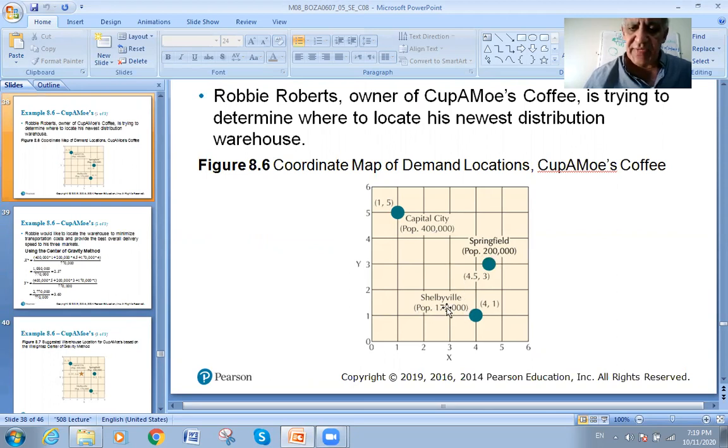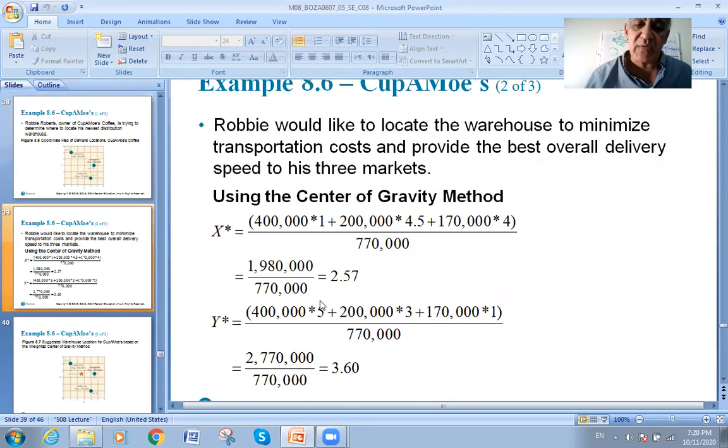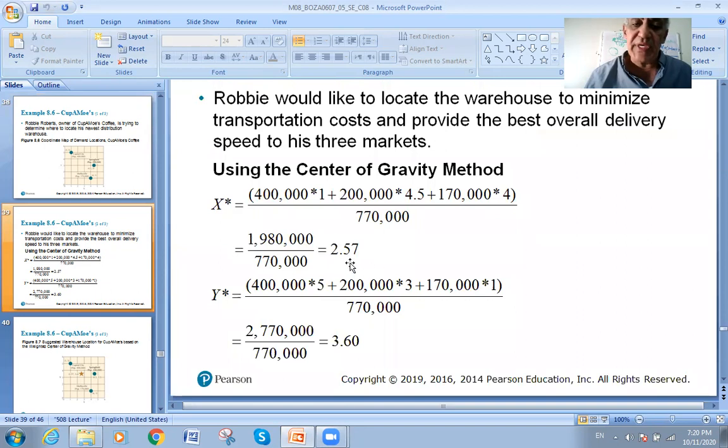Each amount is multiplied once by the x numbers, 1, 4.5 and 4, and once by the y numbers, 5, 3 and 1. Each number is handled for x alone and y alone. Then you get the location: x will be 2.57 like I showed you, and y will be 3.6.